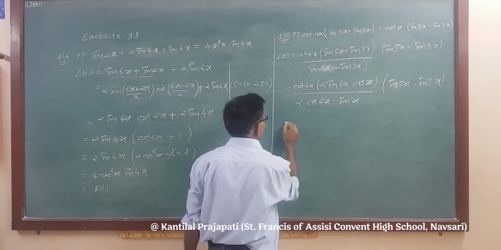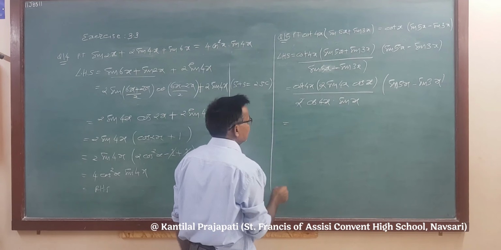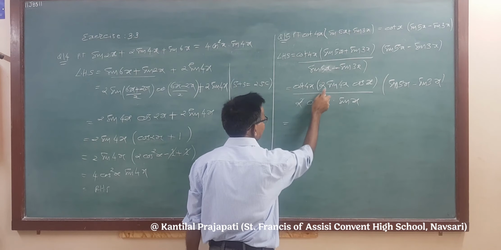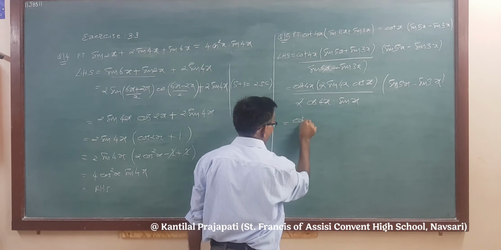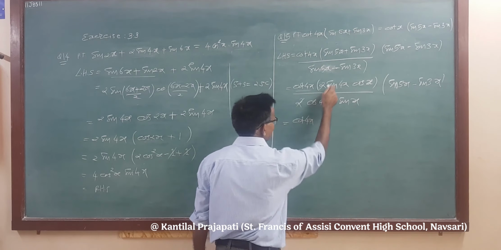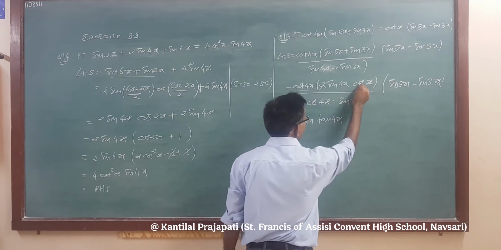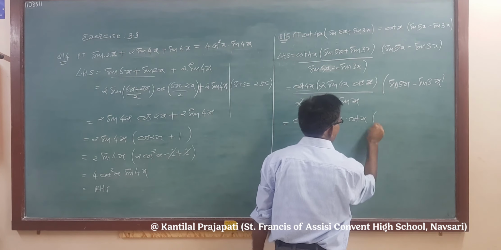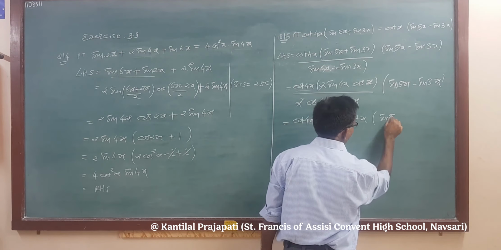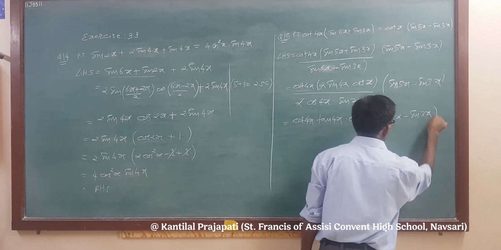Now see here, what is here? Cot 4x, these 2 cancel, right? Cos 4x, cot 4x, sin 4x upon cos 4x, that is tan 4x, and cos x upon sin x, that is cot x, and into sin 5x minus sin 3x, right?